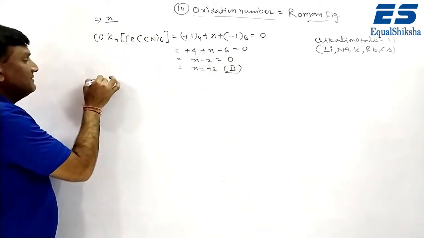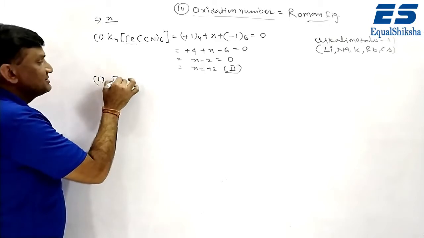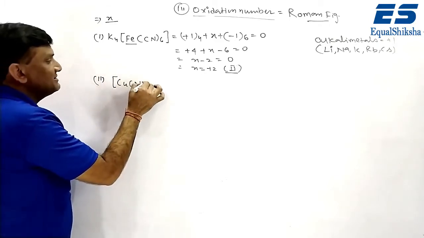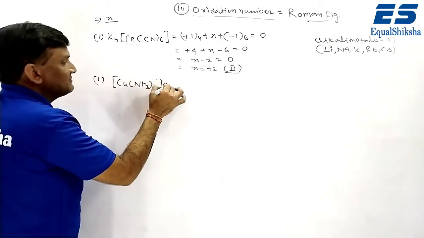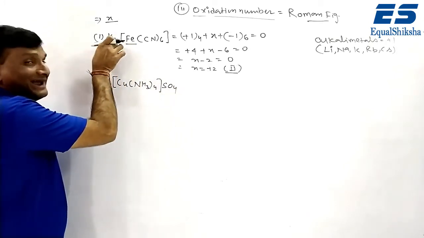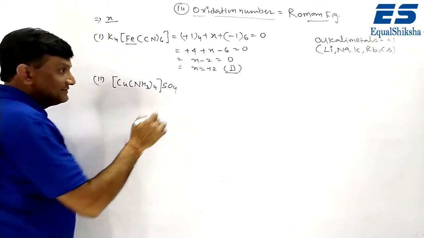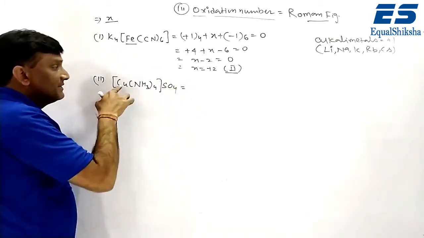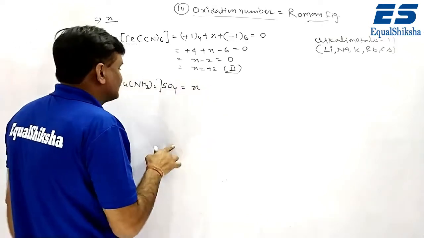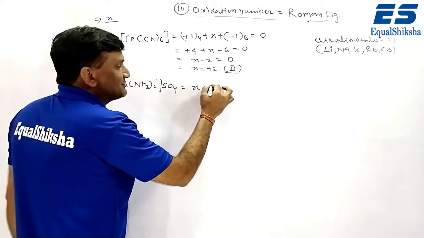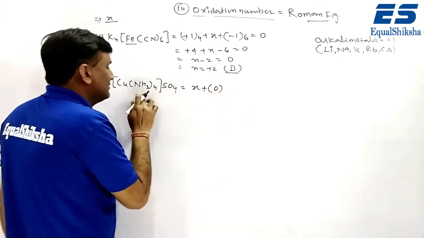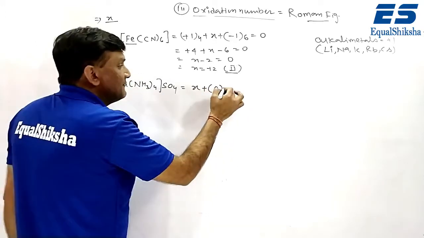Second example, we can take [Cu(NH3)4]SO4. Here is the cation and here is the anion. Cu will be X. NH3 is a molecule, so its oxidation number is 0, and the total number of NH3 is 4.